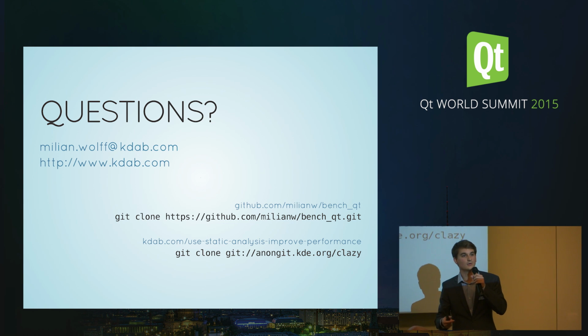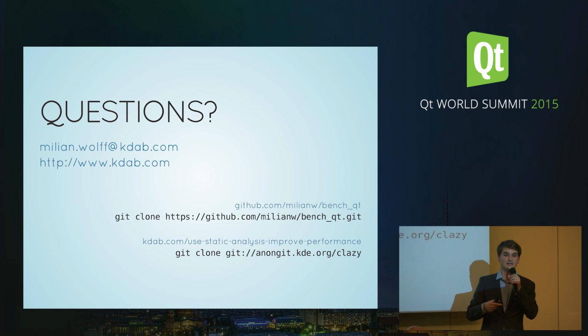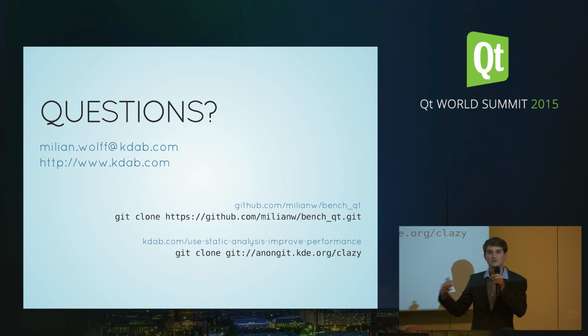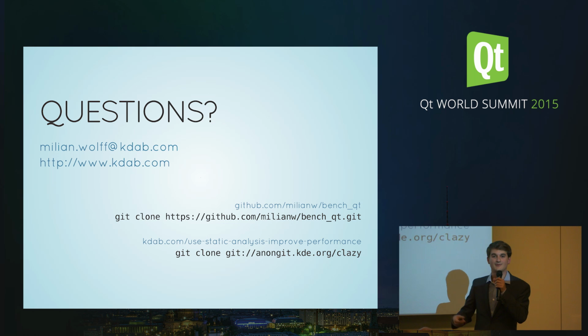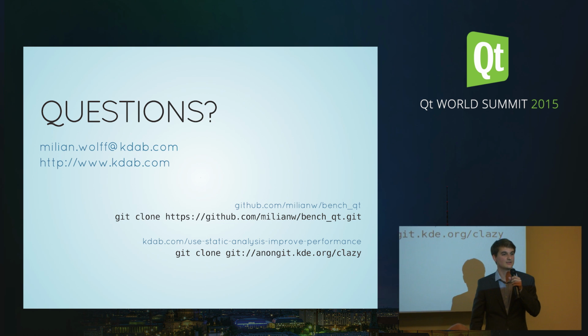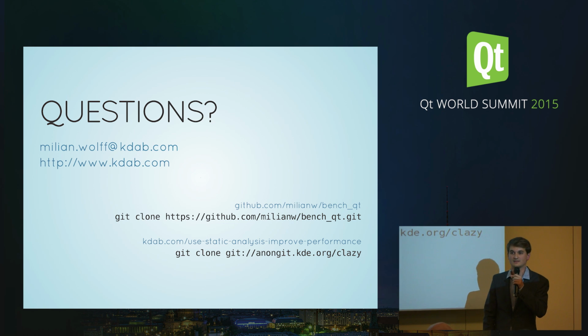And looking forward with the Clang compatibility and features it gives us, we can even say, fix it, and it will rewrite your code to the fast alternative and it will still work. And then hopefully no one will blame you for spending time on making code faster. So with that, thanks. Questions?